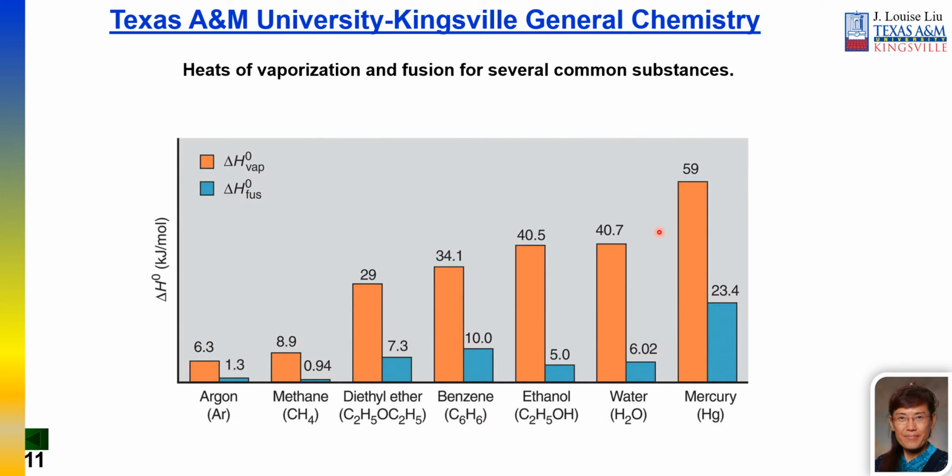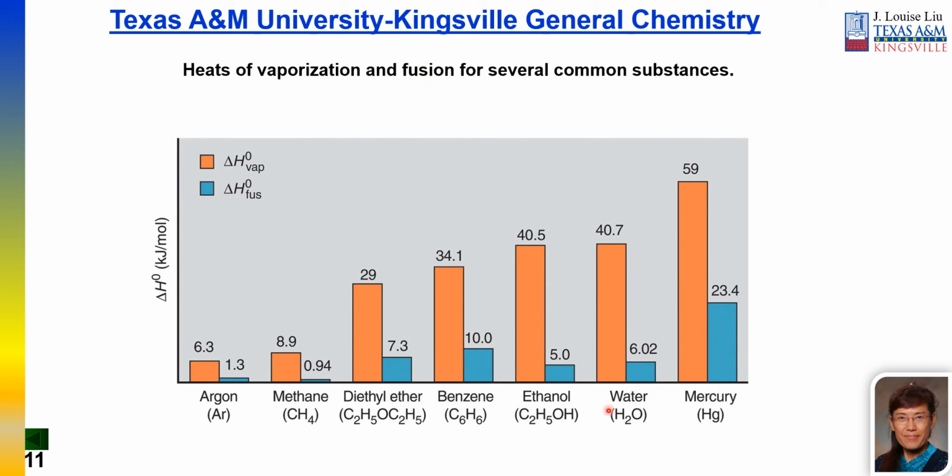Followed by, I listed several examples about the heat of vaporization and the heat of fusion for some commonly used molecules. This orange colored value is the enthalpy change of your vaporization. This lighter green color, this 1.3 is for argon, 1.3 kilojoules per mole, representing the enthalpy change for your fusion.